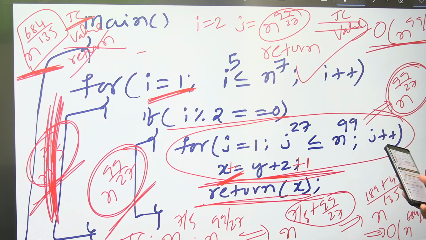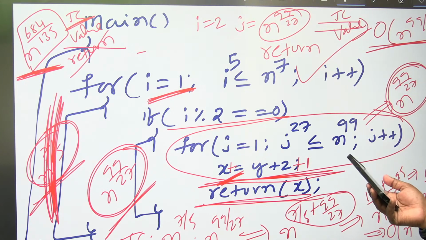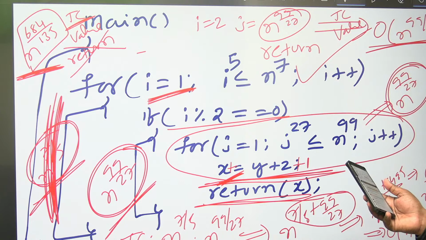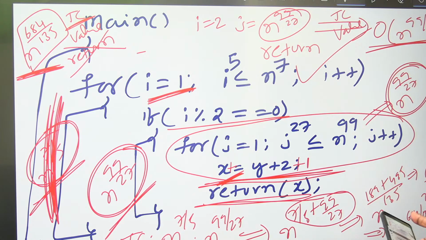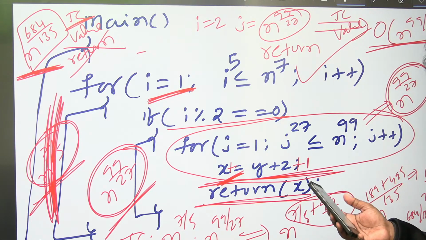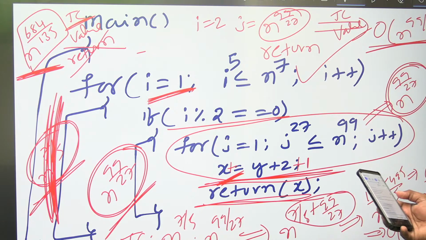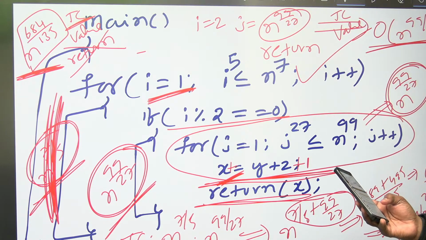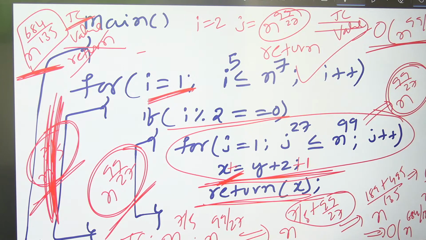Very few people can do this problem. If you can catch this one, you are absolutely fine at finding time complexity. Right? Fine. I'm thinking you are okay.